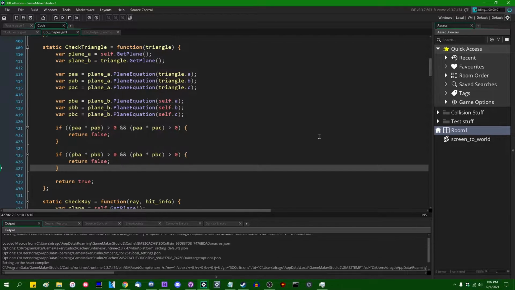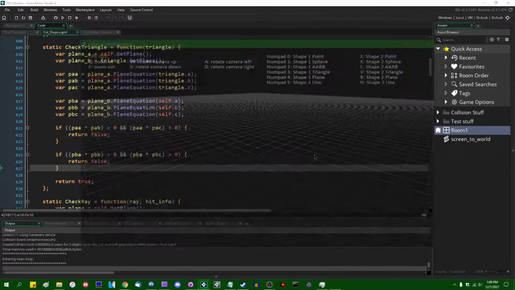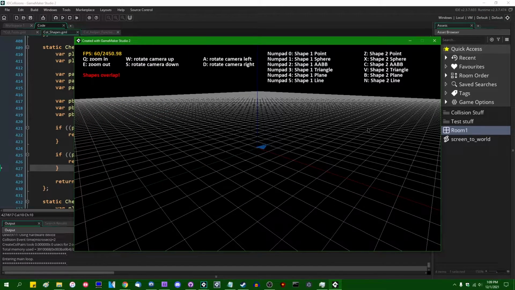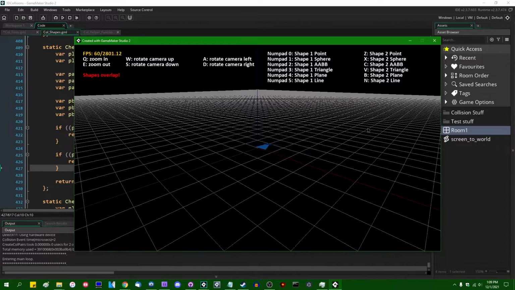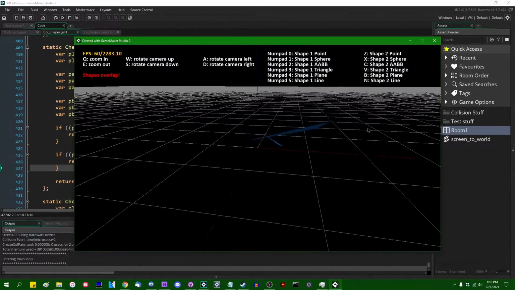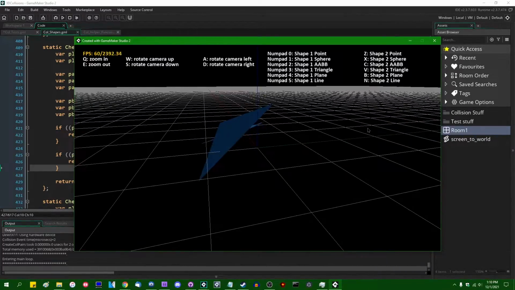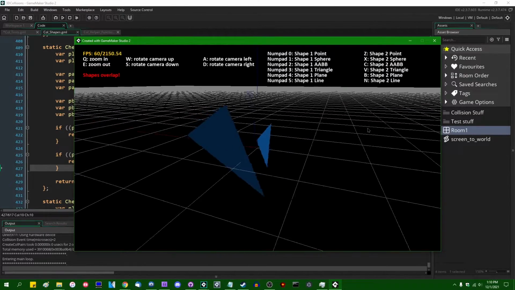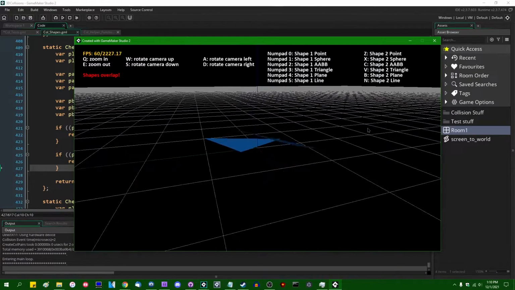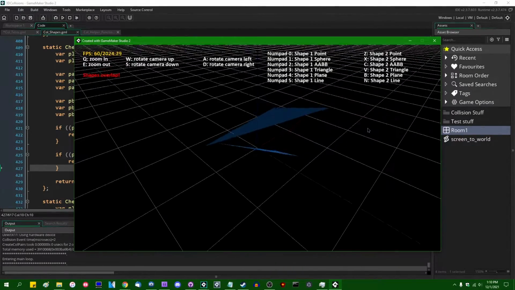But if I were to run the game now, then we are going to see that this should include a number of scenarios. You can see that we do indeed have a collision here, and it is correctly detected. If I were to move one triangle into a certain specific location, you can see that we are detecting false positives.